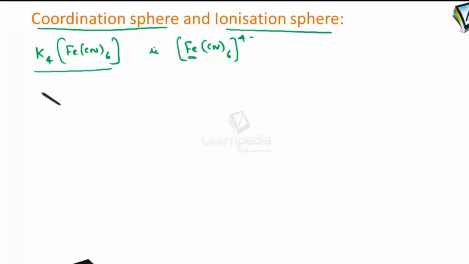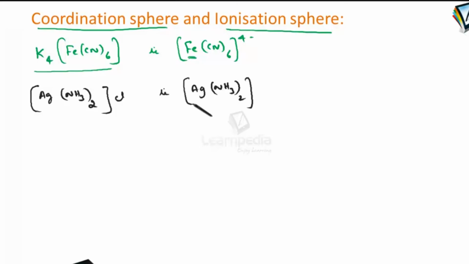Similarly, when we take [Ag(NH3)2]Cl, in this the silver atom to which 2 ammonia ligands are attached is put in square bracket, that is [Ag(NH3)2]+. This which is put in the square bracket is a coordination sphere, and the Cl that is there outside the square bracket, which will come out in the form of ion when put in water, is the ionization sphere.